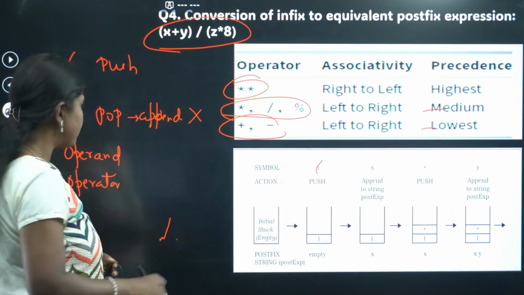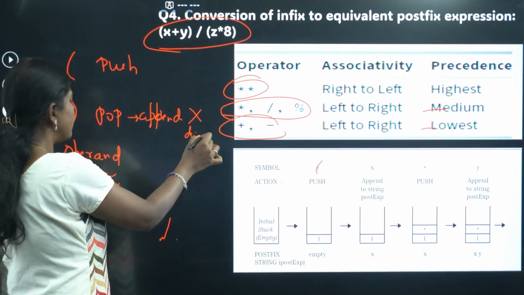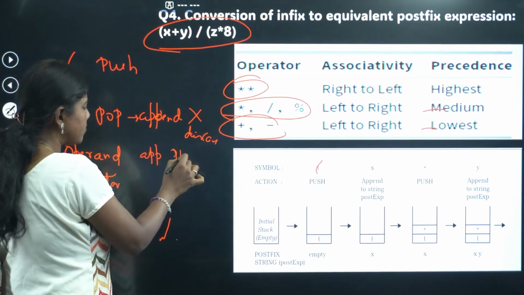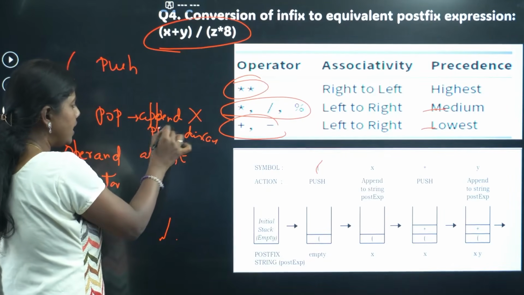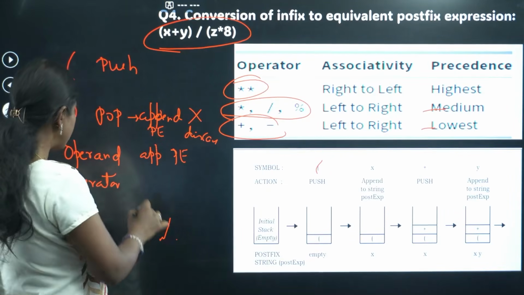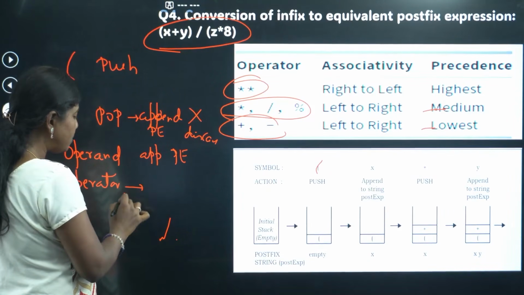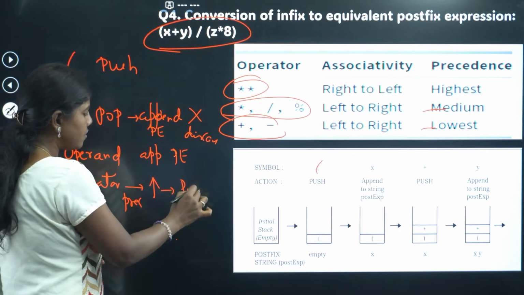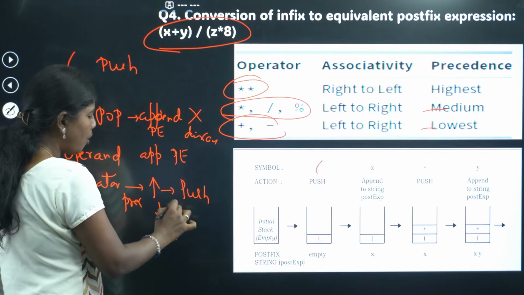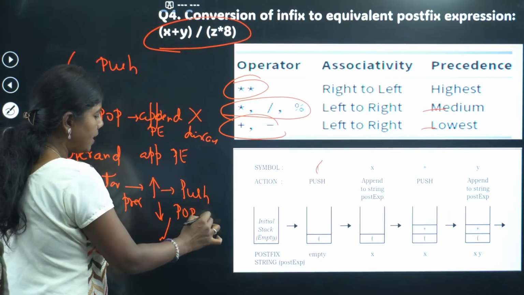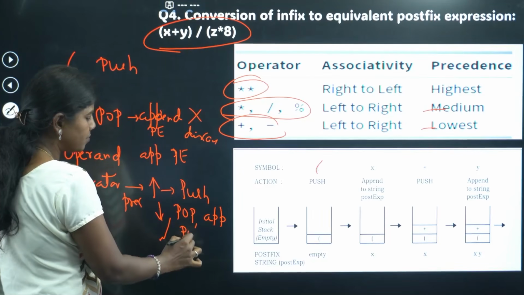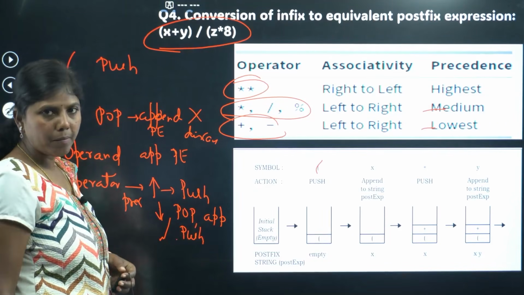Star means discard. Remember that. Operand means append. Append where? Postfix. Whenever you come across append, it means postfix expression. Operator means check for the precedence. If it's higher, push. If it's lower, pop it, append it. Okay, then you have to push it.